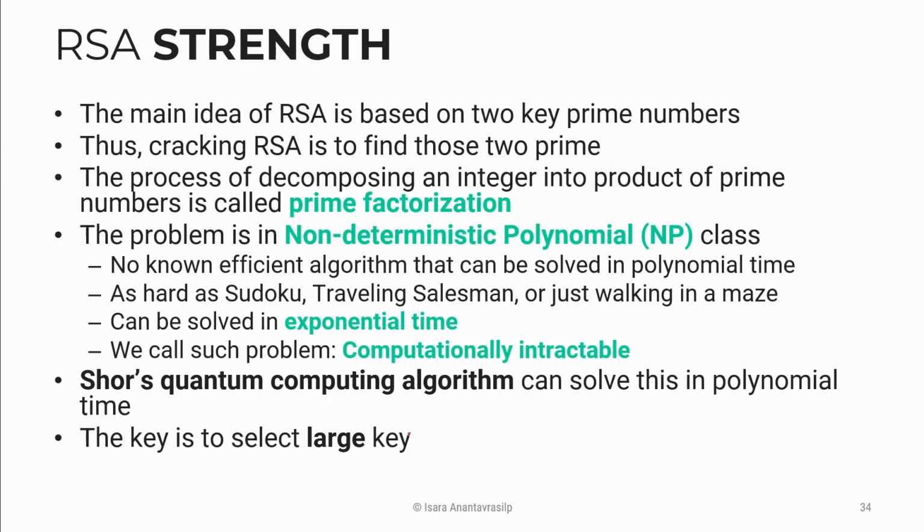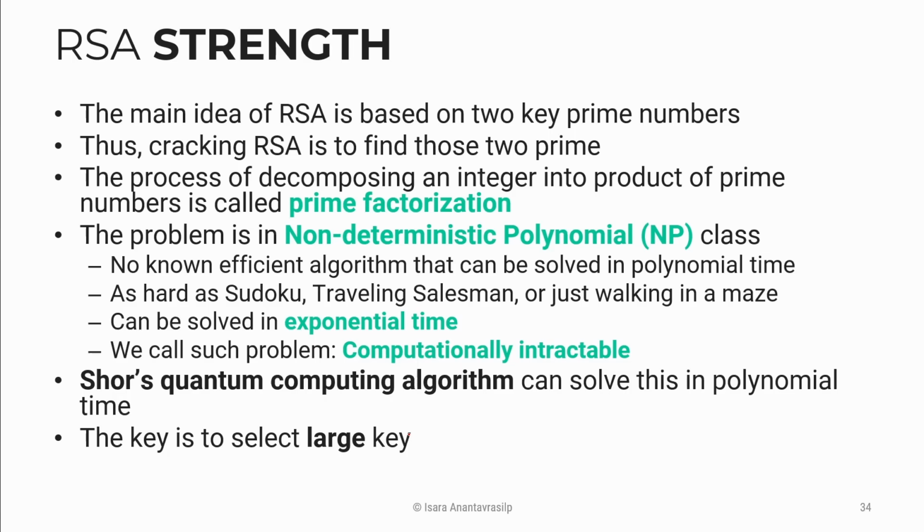So we have discussed a little bit about prime factorization, so let's get into detail a little bit about that right here. The main idea of RSA is based on two key prime numbers, P and Q, as we discussed before. Cracking RSA seems to be easy, but it is not.